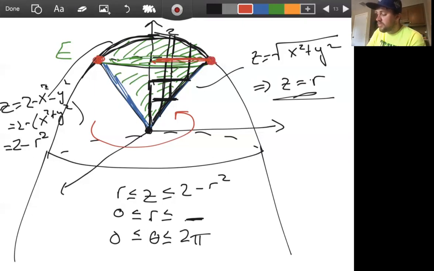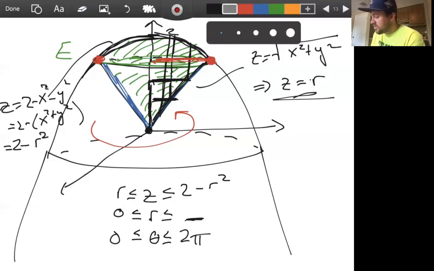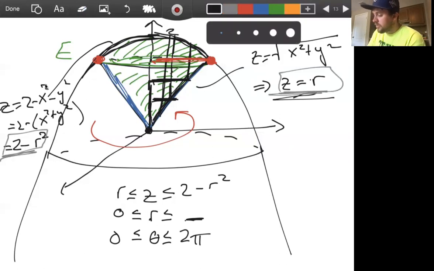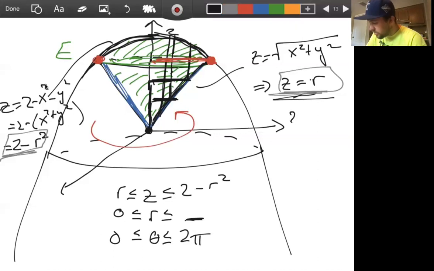And where do these two functions intersect? Well, they intersect when their formulas, this formula and this formula, are equal. And so they intersect when 2 minus r squared equals r. In other words, r squared plus r minus 2 equals 0.